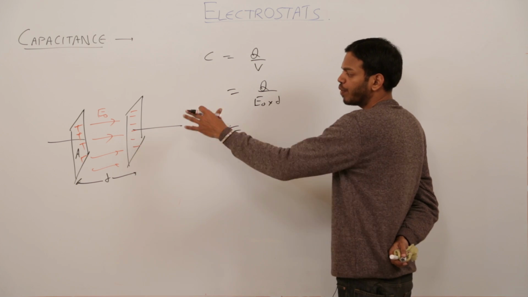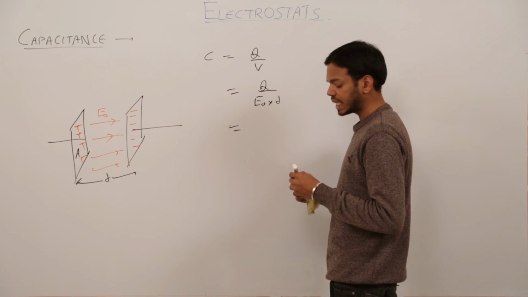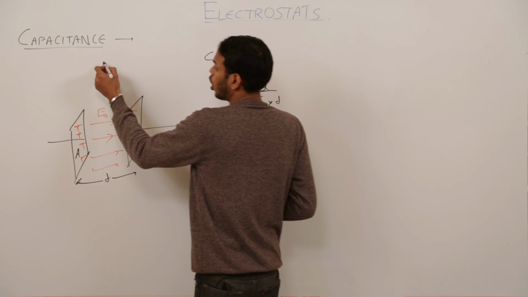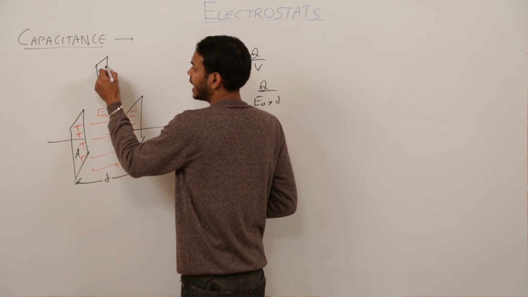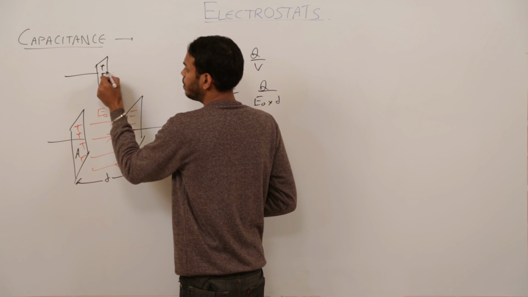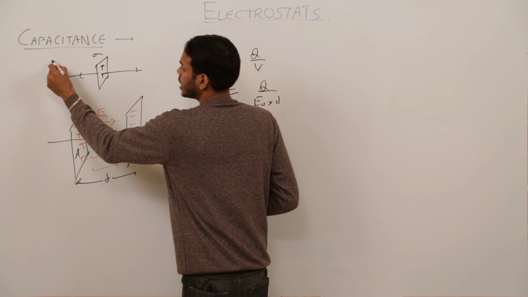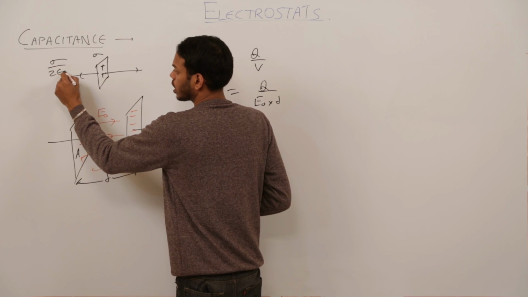What is the electric field between two plates, a positive charge and a negative charge? In Gauss theorem we did that the electric field due to a positively charged plate or negatively charged plate having charge density sigma was sigma upon 2 epsilon naught.